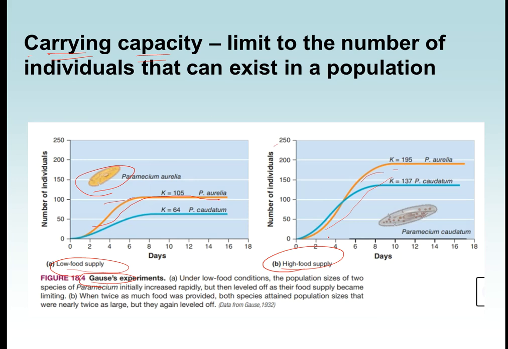In other words, it's like putting rocks in a basket. There's only so many that you can put in the basket and carry until it overflows, and it just can't carry any more. The variable that's assigned to that is the capital K. Kind of confusing, it's not a C, but a capital K for carrying capacity, and it would be the number of individuals, the population size, up to the limits.